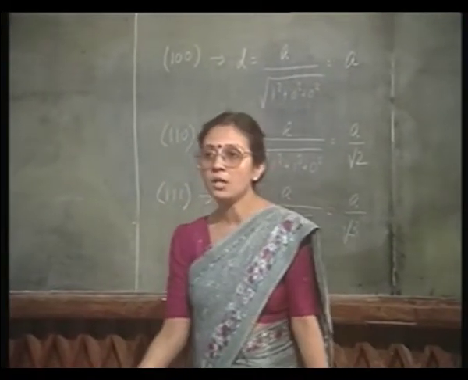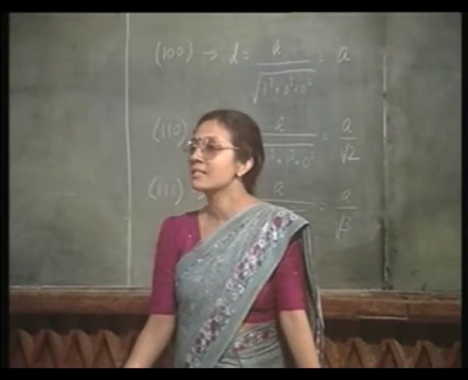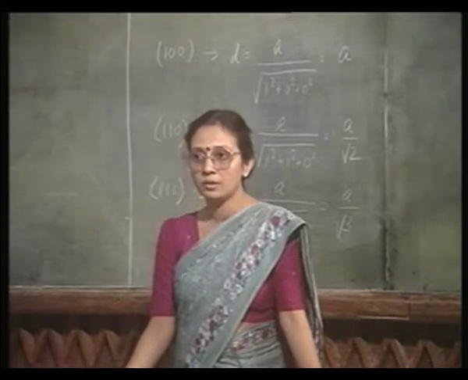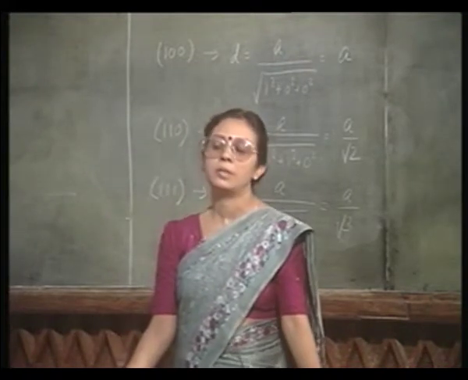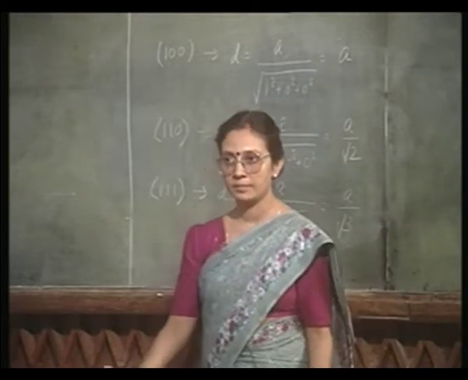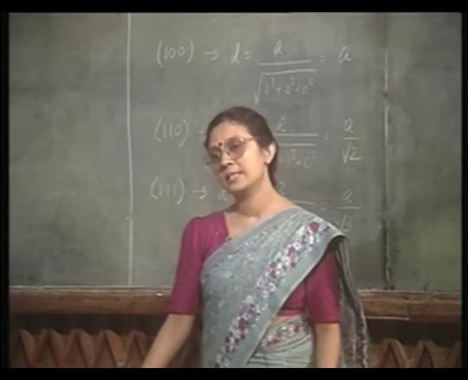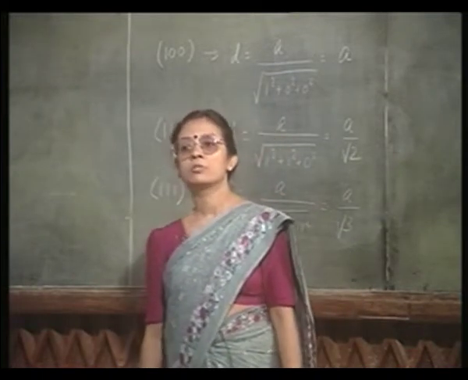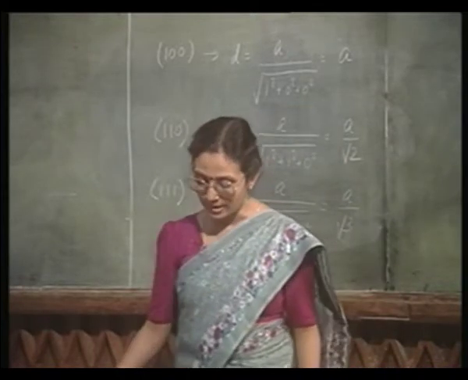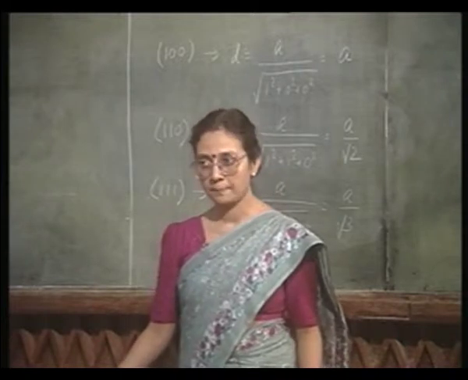We see that the 1, 1, 1 planes have the least spacing between two adjacent parallel planes. In other words, 1, 1, 1 planes are most closely spaced together. This is quite an important observation, the fact that 1, 1, 1 planes are spaced most closely together.